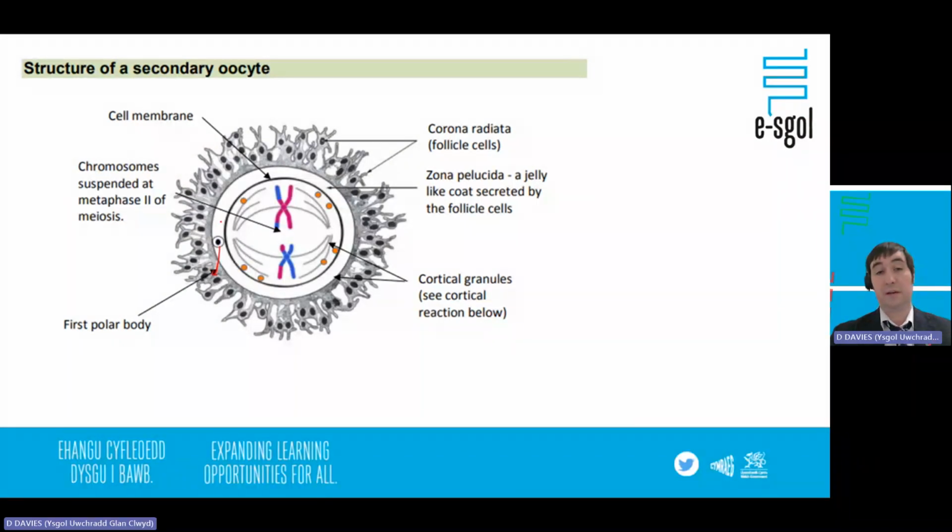So I've talked about meiosis occurring, and then there's the follicle, there's the oocyte, and then there's the polar body that breaks down. So that's one of them there. And then on the outside of that, you have the corona radiata.